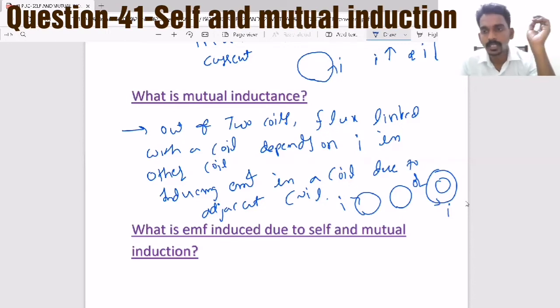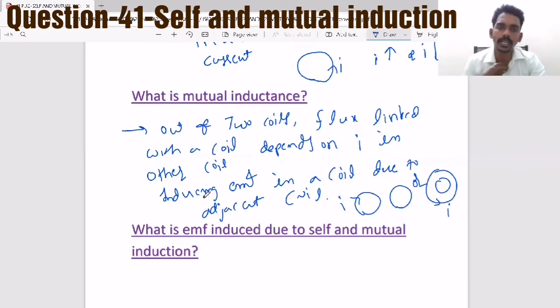When this current changes in one coil, the flux linked with the other coil changes. One we call the primary and the other the secondary. So due to that mutual interaction, whatever current is induced in the secondary coil, that phenomenon we call mutual induction, and that parameter is called mutual inductance.